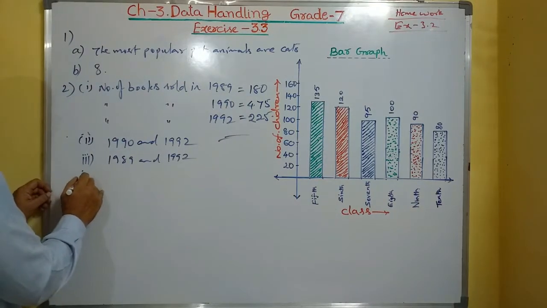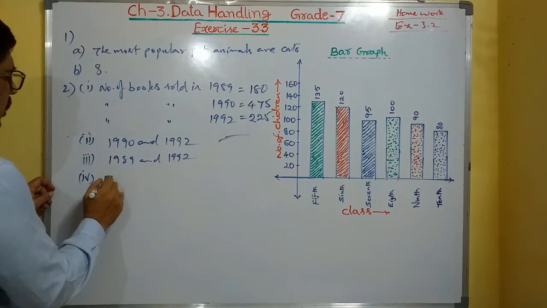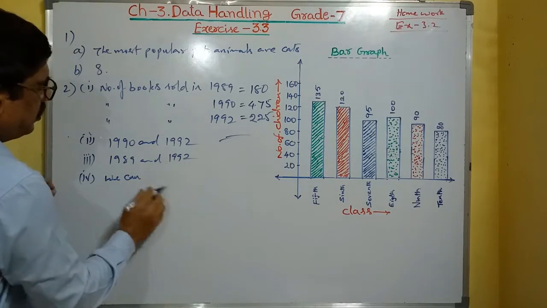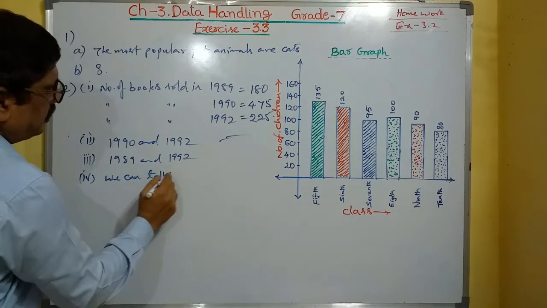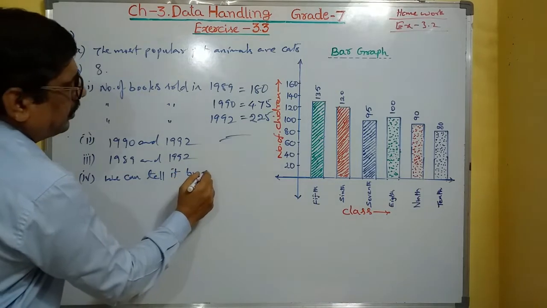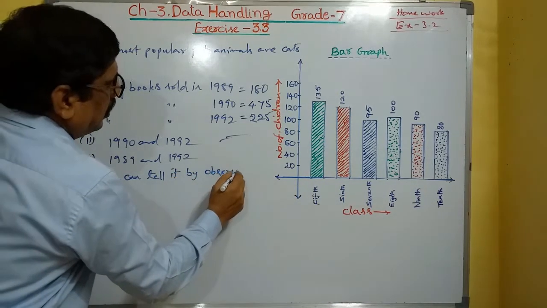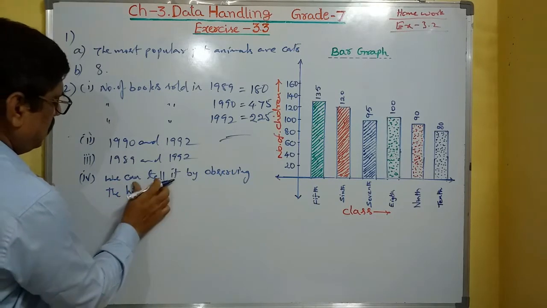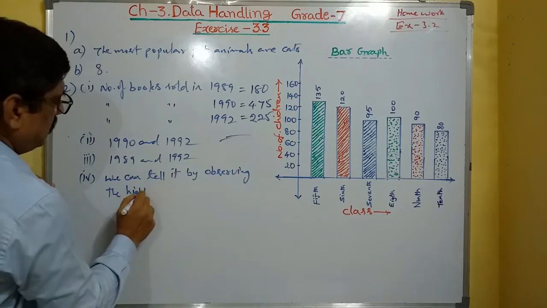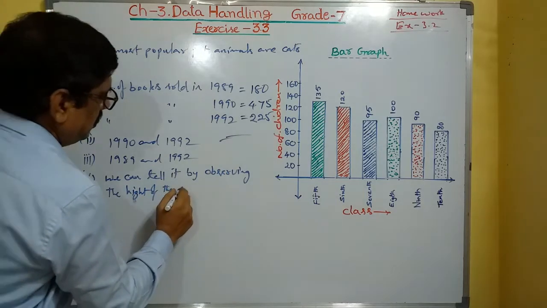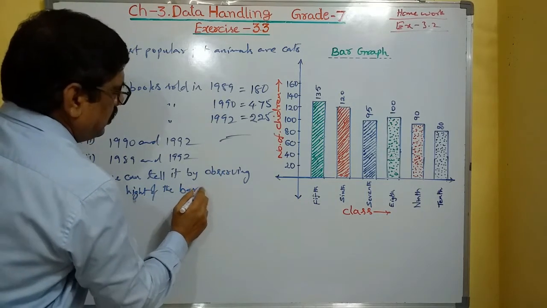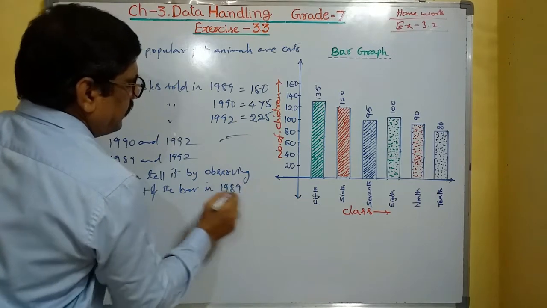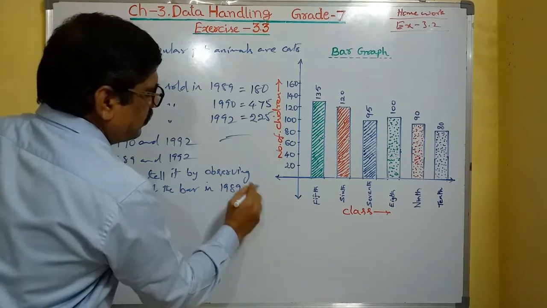So we have to write the answer like this: we can give the answer by observing the height of the bar in 1989 in the given graph.